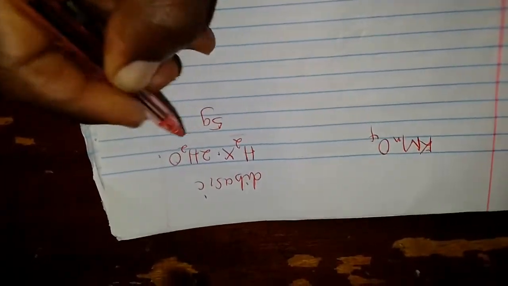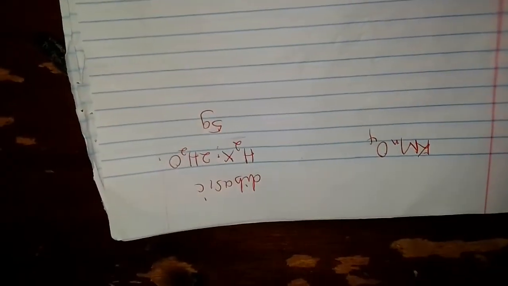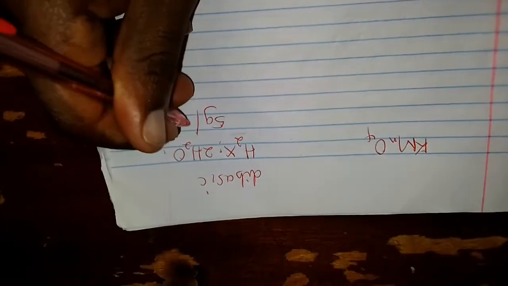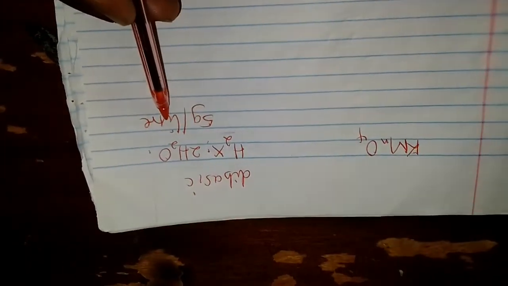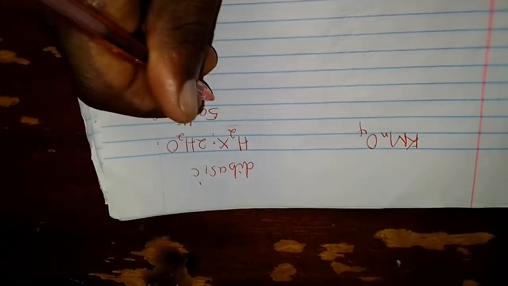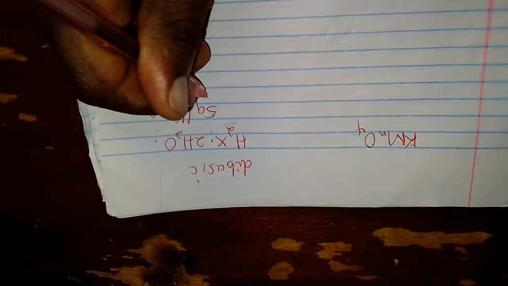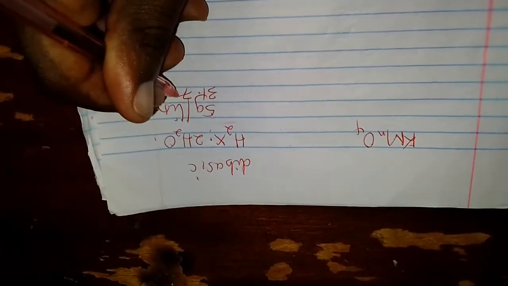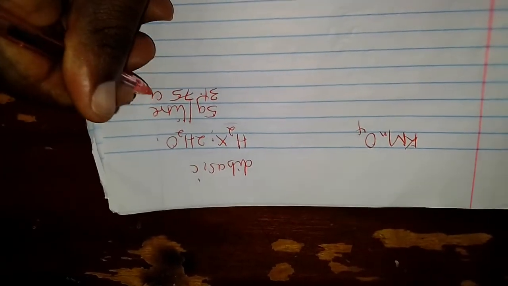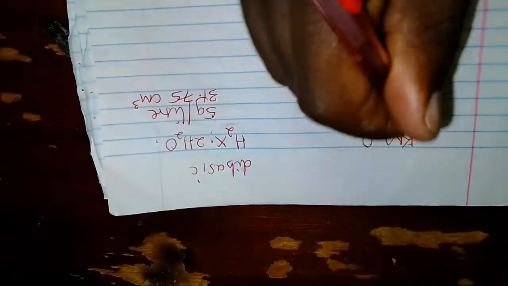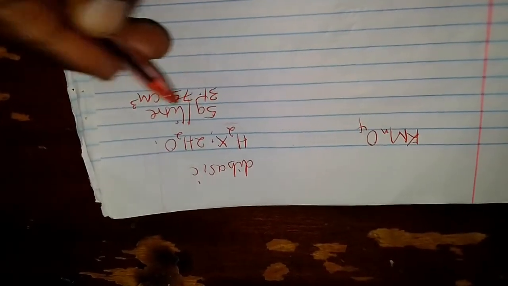I can end up having, for example, 5 grams of this dibasic acid getting dissolved in 1 liter of the solution. So 5 grams getting dissolved in 1000 centimeters cubic of this solution. Then maybe we use 31.75 centimeters cubic of this solution in our titration, and then maybe here, we can decide to lower this to 25.